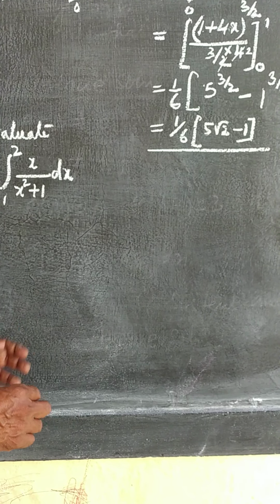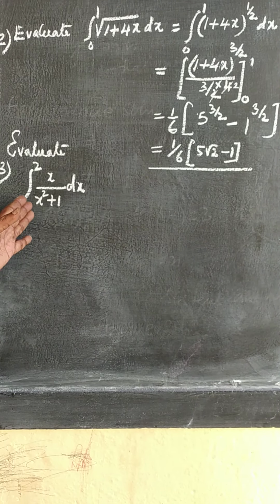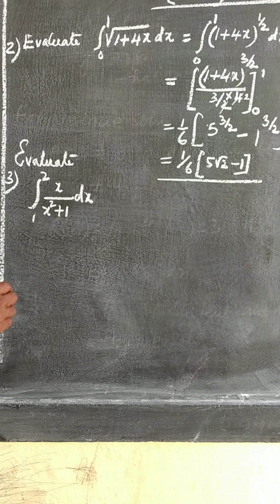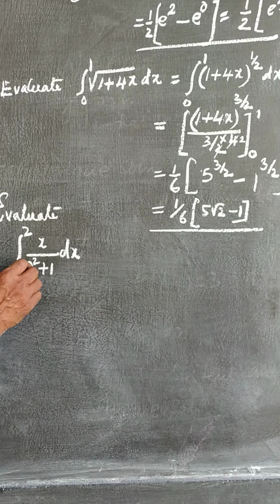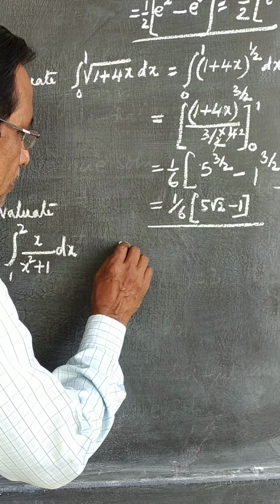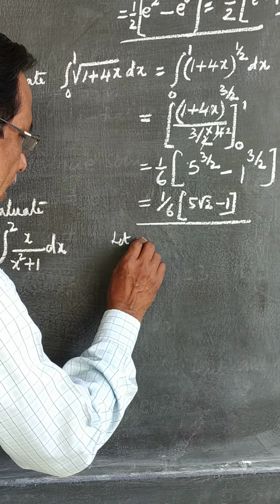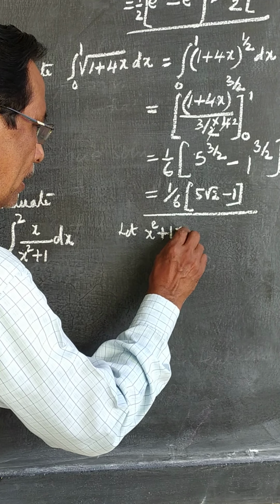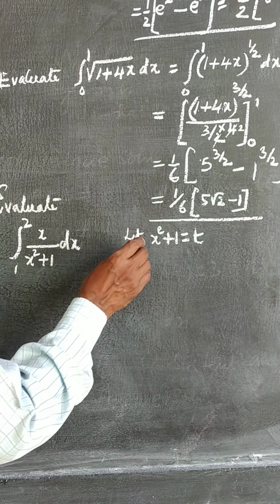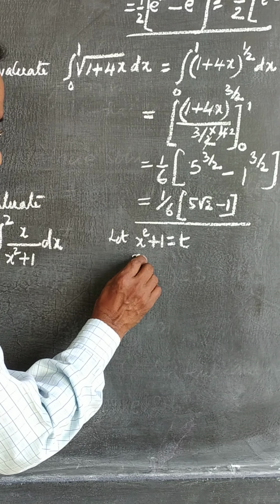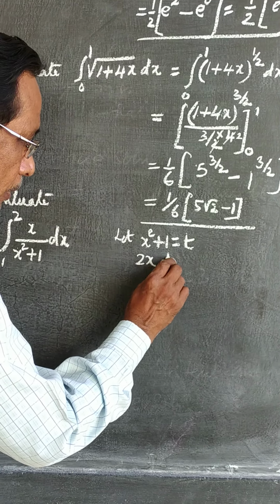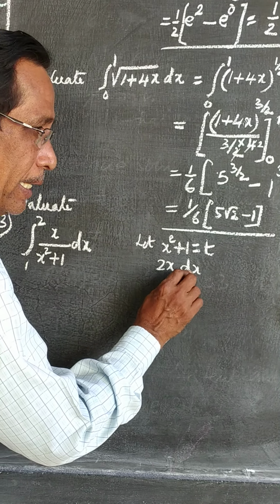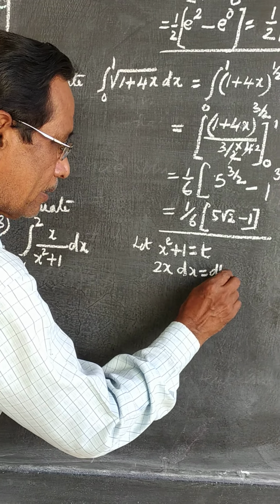Now, here we have already studied about the substitution method in previous class. We cannot directly integrate this, and therefore for this we can assume that let x square plus 1 be t. On differentiation, we get 2x into dx equals dt.